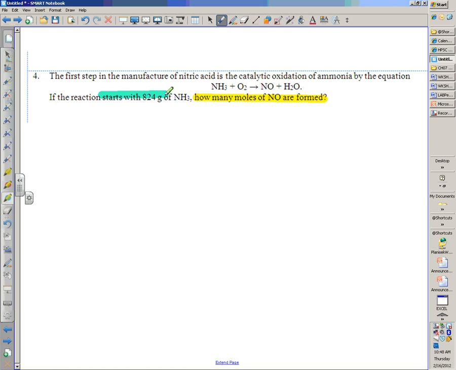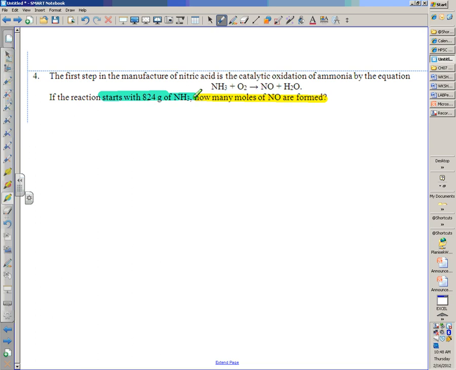Okay? Is that good for number 4? In this problem, like I said, it starts with 824 grams of ammonia, right? That's what it says for number 4. Oh, so you just do the second one first? Yeah, you have to do the conversion to convert grams into moles first, then compare moles to moles.